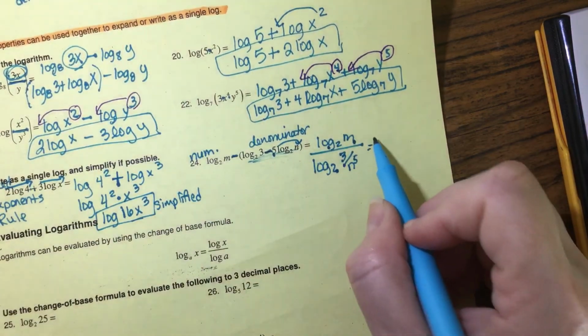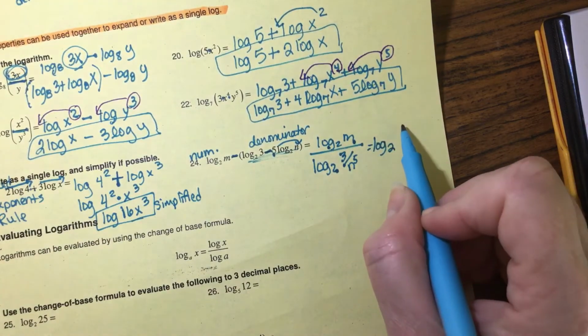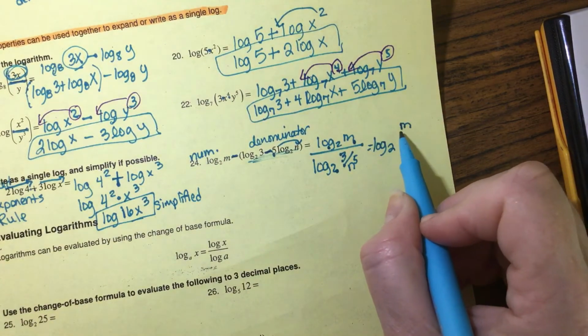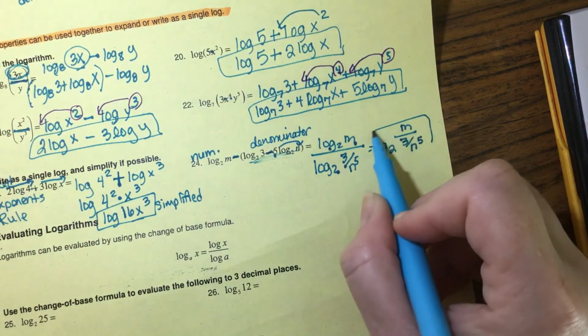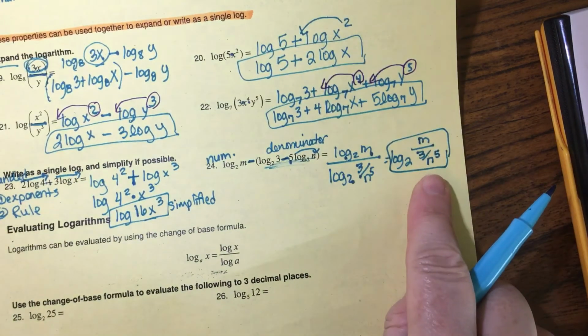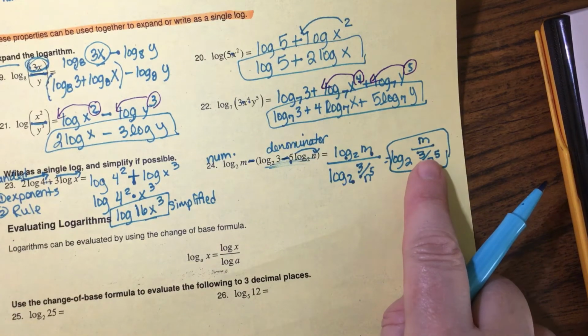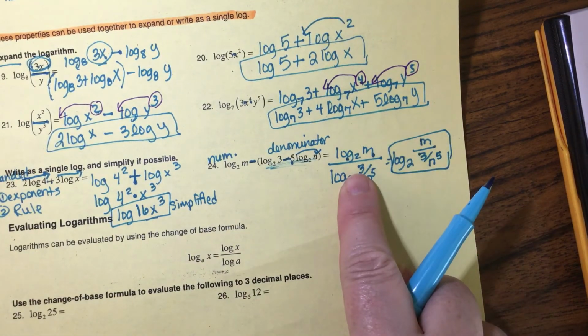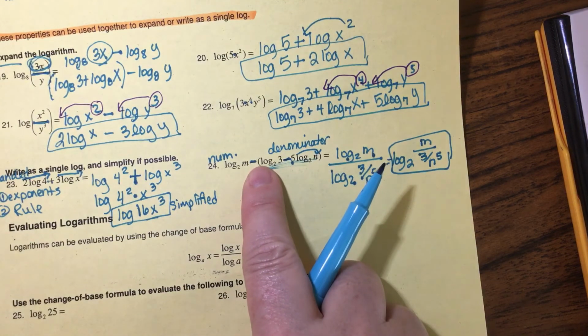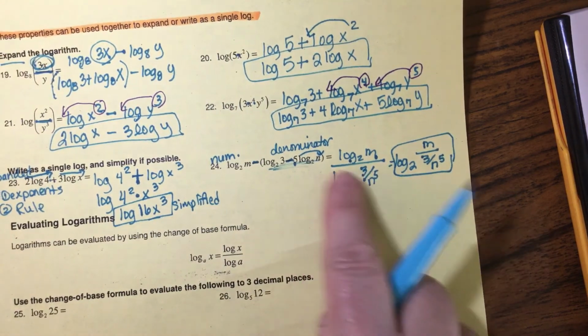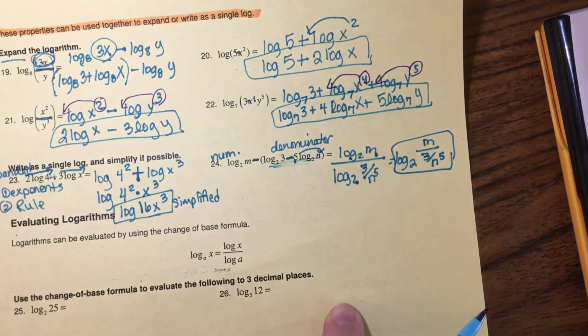This can be combined all together to say m divided by 3 over n to the 5th. That's kind of messy, but if we thought about it this way, I would first split it up, with log on top, log on bottom, and then do my subtraction and put the denominator in the parentheses.